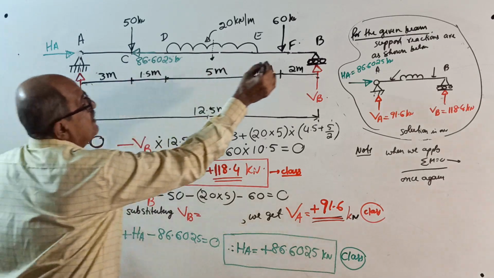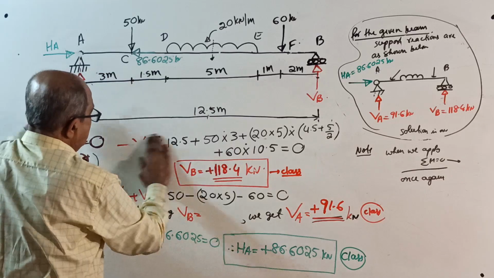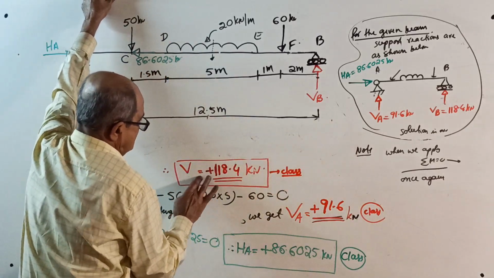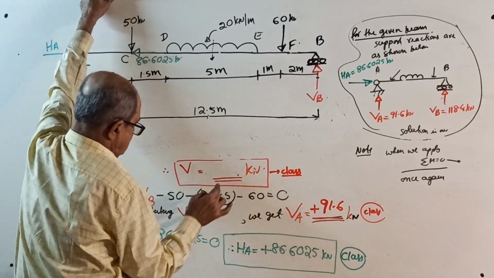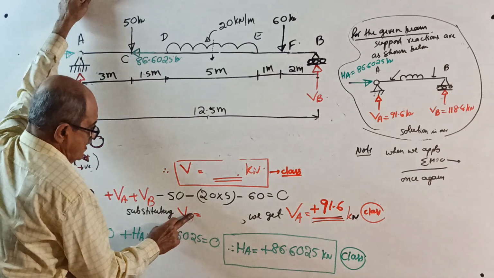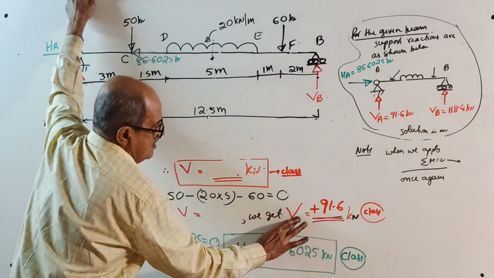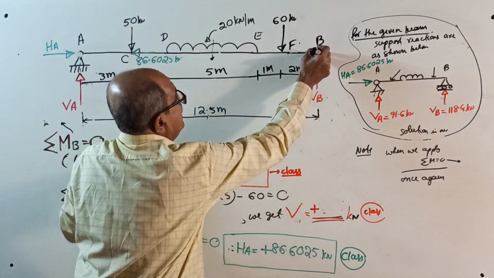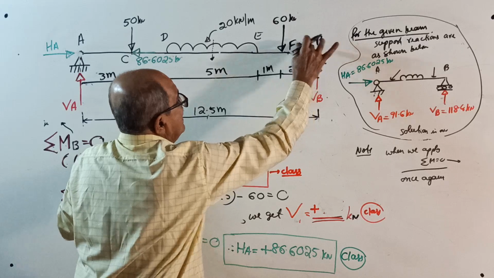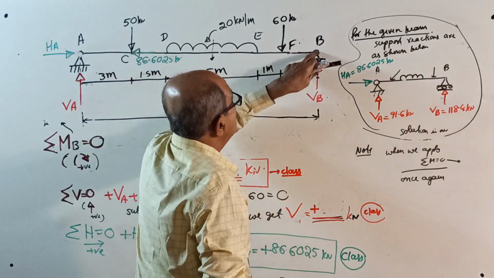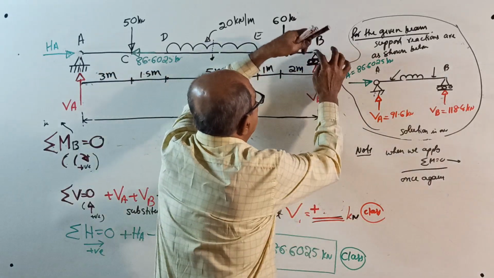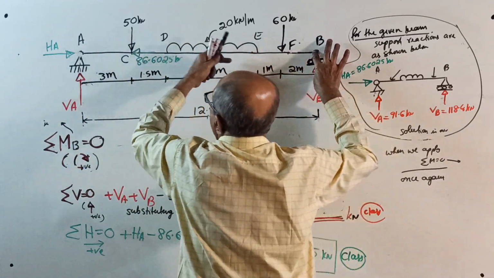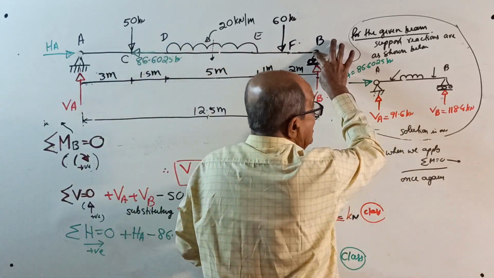Now, moment about B. This I have to change now. Start. Take moment about B. Now the finger should be at B, right? When you take moment about B, VB into 0, HA also into 0, even 86.6025 also into 0.